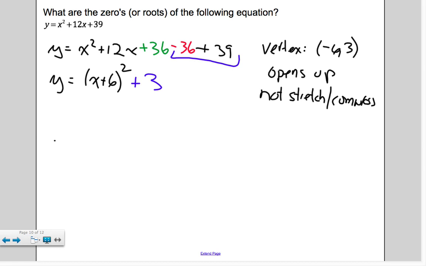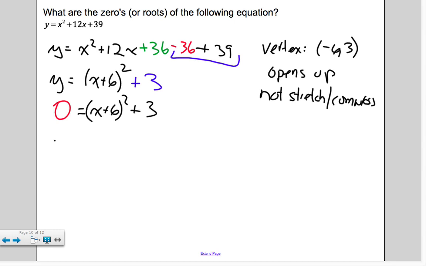But let's continue on. So how can I solve for it to be the x-intercept? In other words, when y is equal to 0. Katie? T equals x plus 6 squared. So you want to use the t method? Okay.